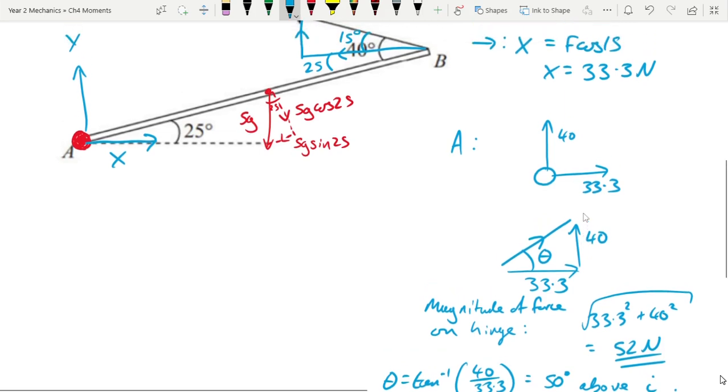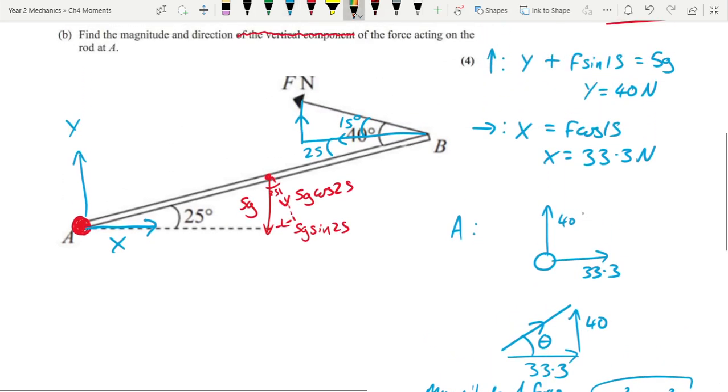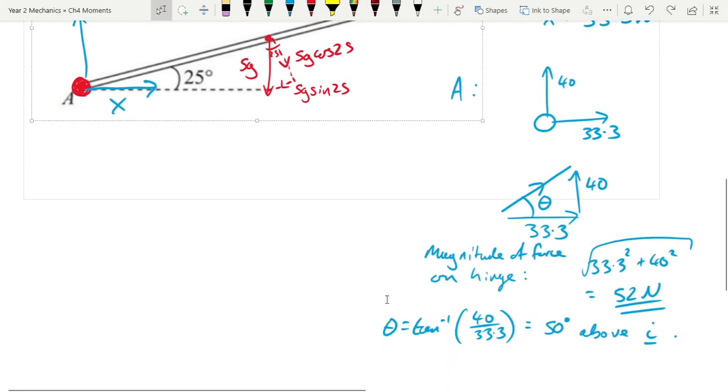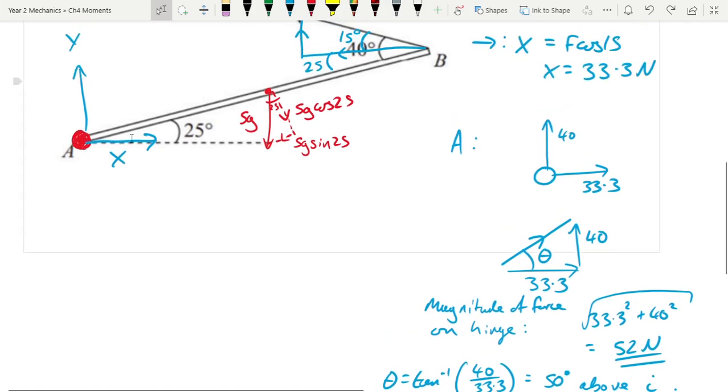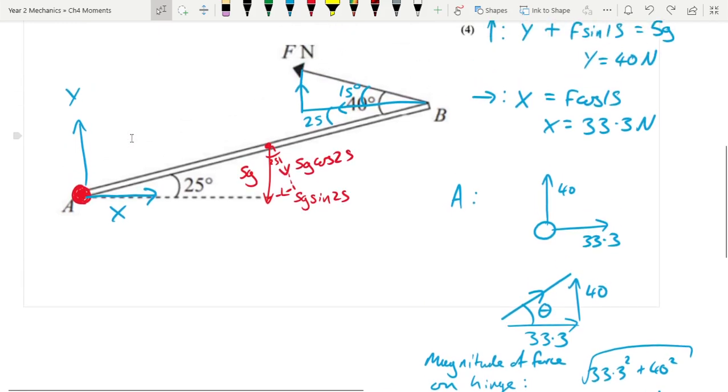In terms of where that would be on my diagram, that means there's overall a force maybe a bit like that on the hinge to keep this all in equilibrium. So if it asks you about forces on the hinge, this is a good way of doing it. Just label it as Y and X, and then do the same process as we did in the last few questions, just resolve horizontally and vertically. And you might need to think a bit carefully about this sort of thing.